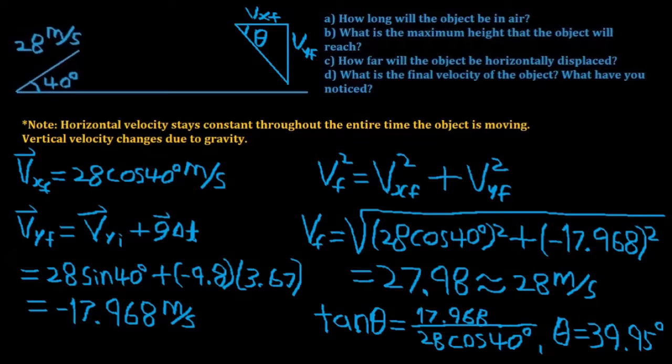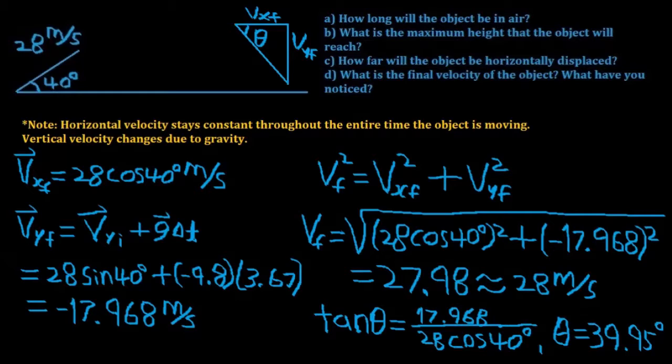Okay, so next we have the question of what is the final velocity of the object. One thing that's nice about the horizontal velocity is that it's going to stay constant throughout the entire time the object is moving. So horizontal velocity initial and final are the same, and the vertical velocity changes, mainly due to the acceleration due to gravity.